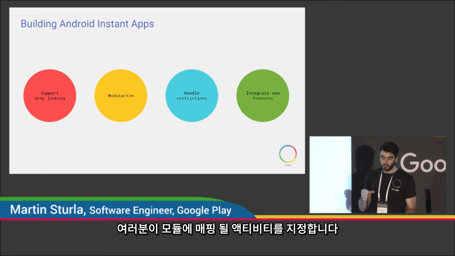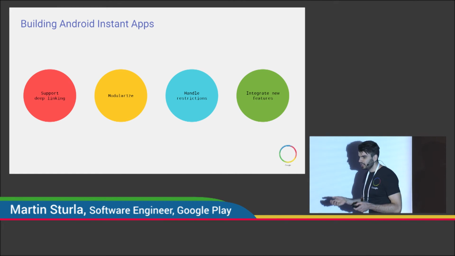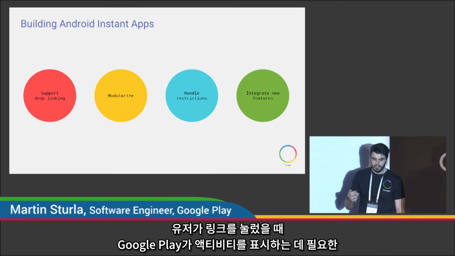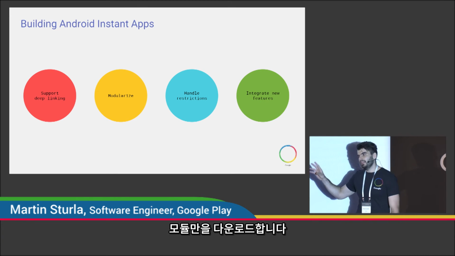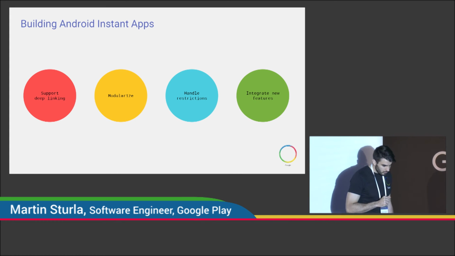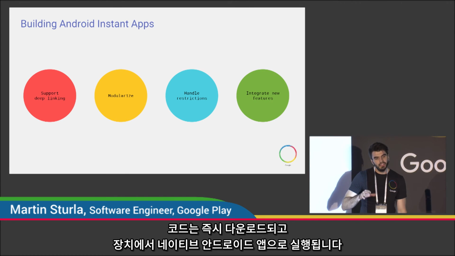And you tell us which activity maps to which module. So what does this allow? This allows Google Play to download only the module required to display an activity when a user taps on the link. And the code is downloaded on the fly and run on the device as a native Android application.